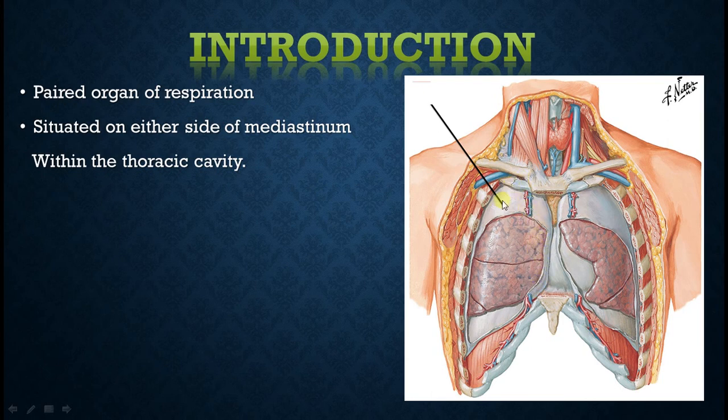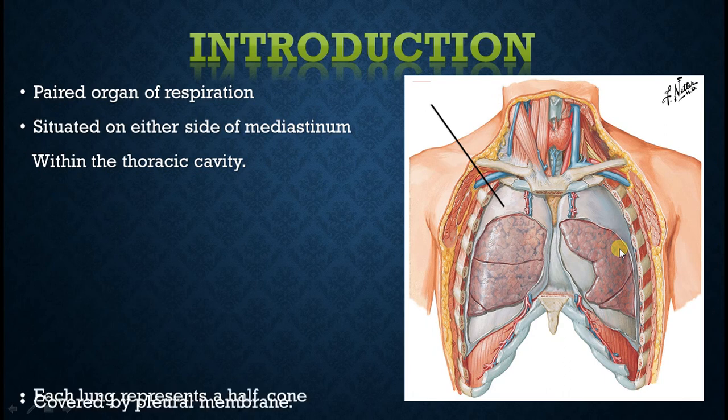Both the lungs are separated by the structures in the mediastinum, especially the heart and the great vessels which emerge out of the heart or reach the heart.